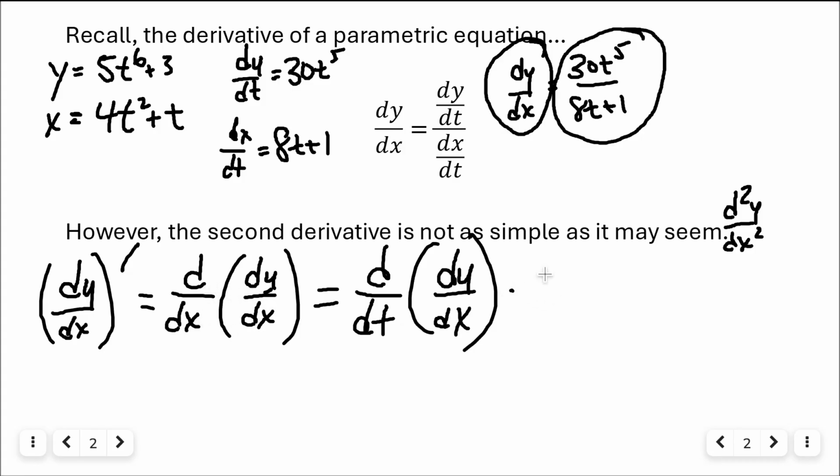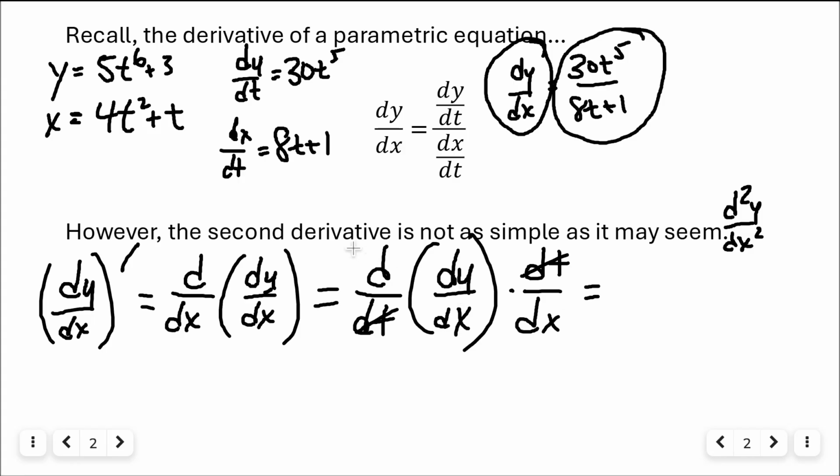And that correction factor is multiplying by dt/dx. So if you look, by doing that, my dt's would cancel out, right? And then I'd be left with the derivative with respect to x of dy/dx. That's what we're going to have to do.